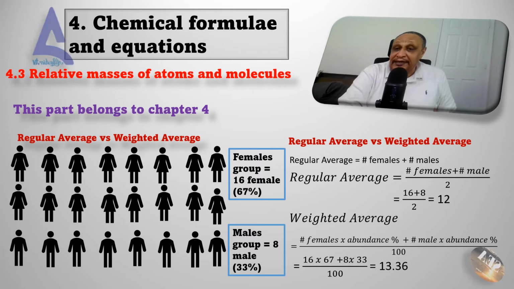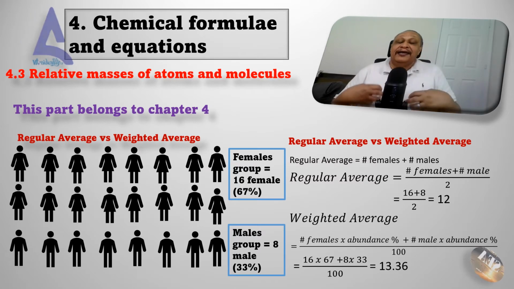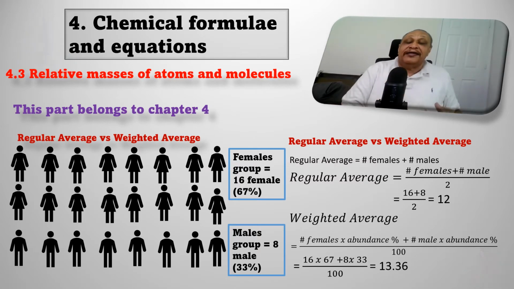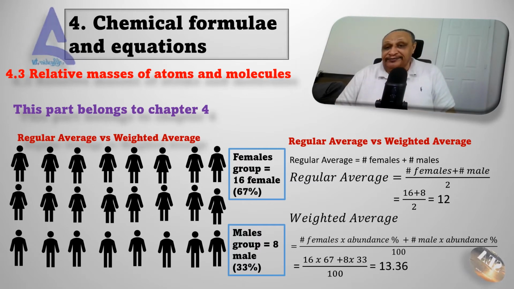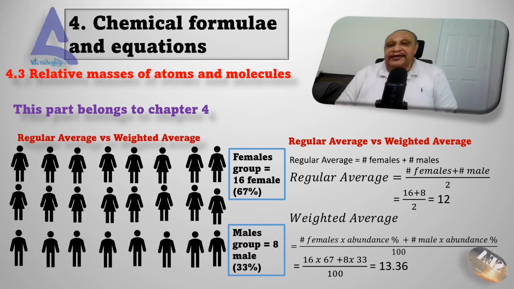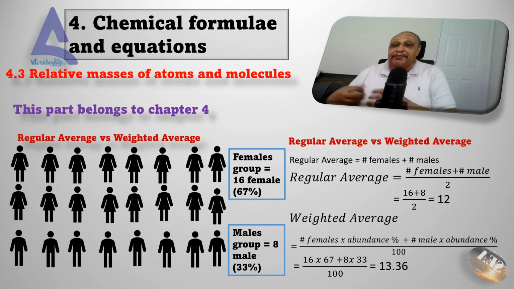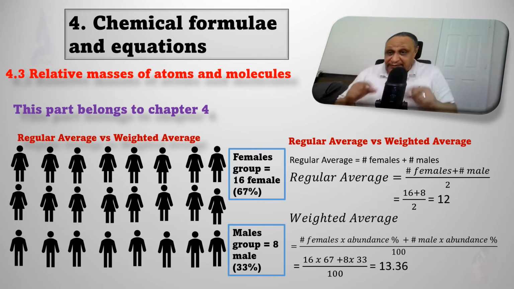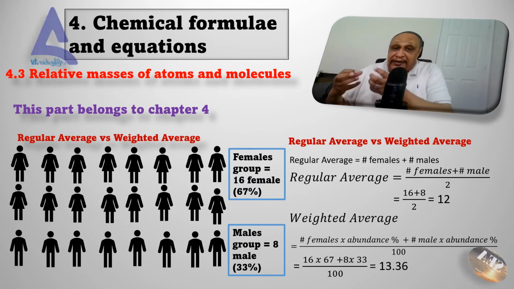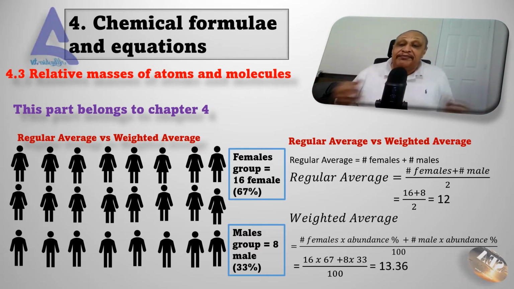So if we add another piece of information, that we would like the mean based on their contribution to this community, what we are going to do is take the females multiplied by their abundance percent, that means their contribution in this community, plus the males multiplied by their abundance percent, and then we divide by 100.